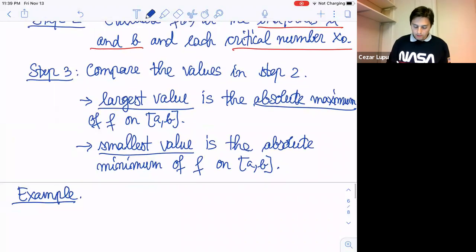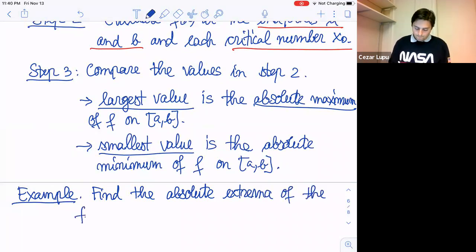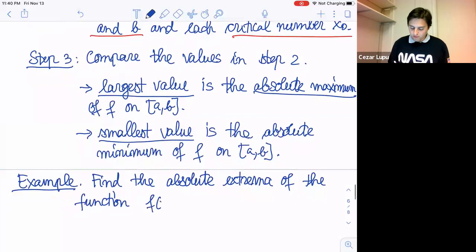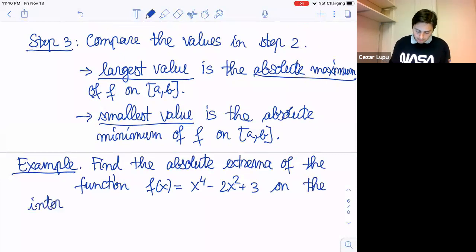Let's say I'd like to find the absolute extrema of the following function. We'll consider a degree 4 polynomial function: x to the 4 minus 2x squared plus 3, defined on the interval -1, 2.